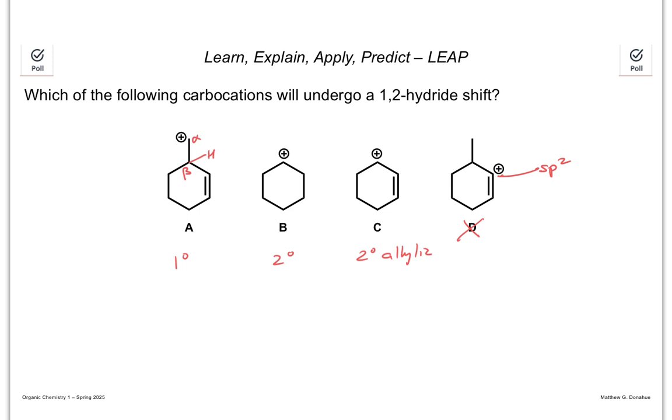Now, if that rearranges, it forms something that's tertiary and allylic. So A would be the best answer for this.